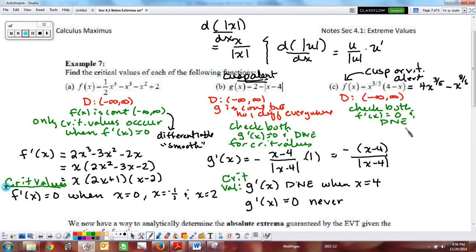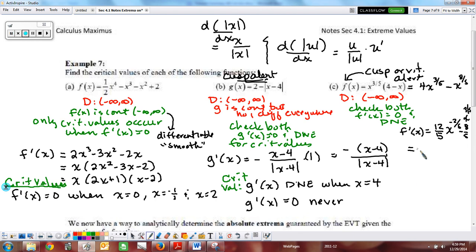So my derivative, f prime of x, is going to equal 3/5 times 4, so 12/5 x to the subtract 1, negative 2/5, minus 8/5 x to the 3/5.